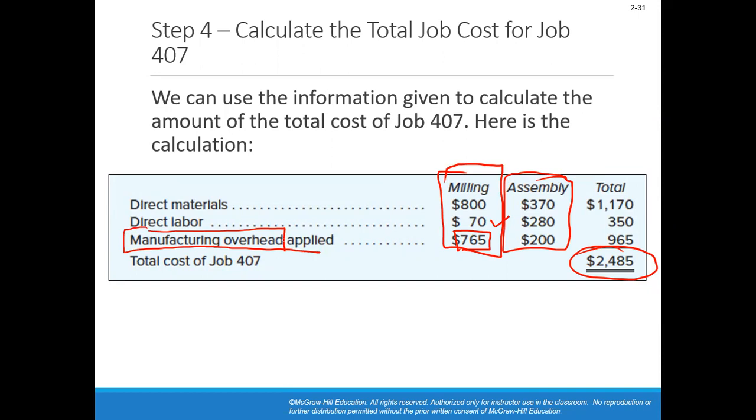Is my question clear? Under the job 407, I'm assuming you had to supply 100 units of product, and we know how much overhead cost, how much direct material, how much labor cost will be used. Now my question is, if we add 2 more products within the same job 407, will my manufacturing overhead cost go up, go down, or remain the same?